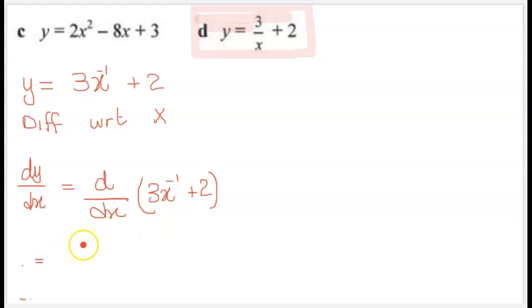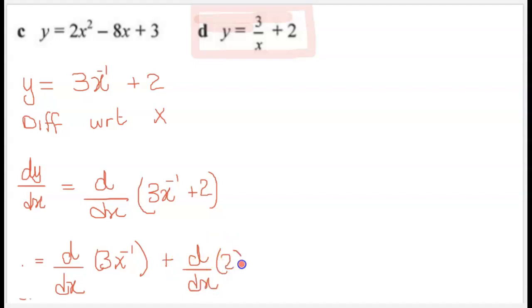Let's differentiate them separately: d over dx of 3x to the minus 1, plus d over dx of 2.